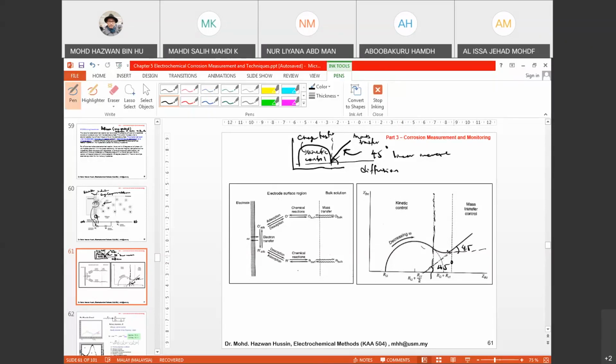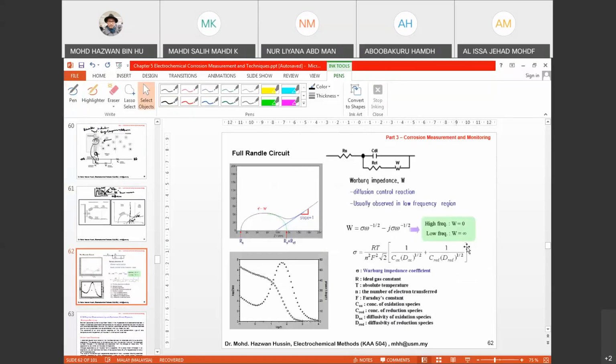So mass transfer occurs in between the inner Helmholtz plane and the outer Helmholtz plane. So the circuit model is as follows, and we call this the Warburg circuit.